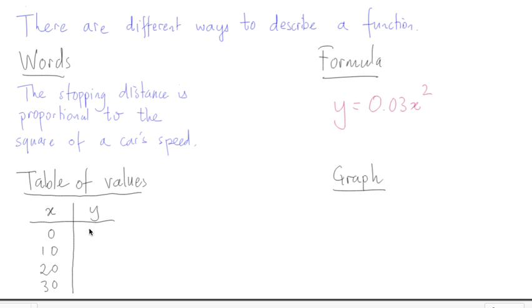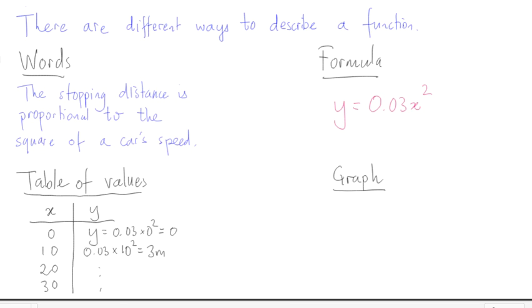So if x is 0, y would be equal to 0.03 times 0 squared, which is 0. When x is 10, y would be 0.03 times 10 squared, which is 100. So 0.03 times 100 is 3 meters, and so on.